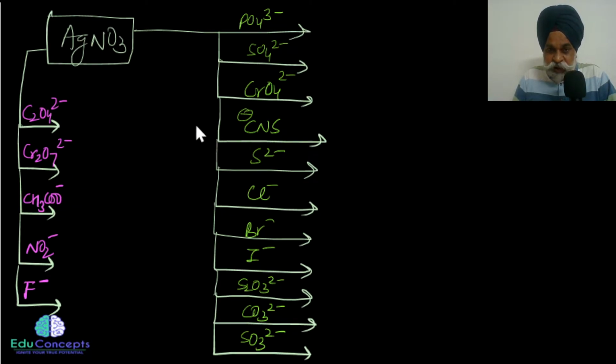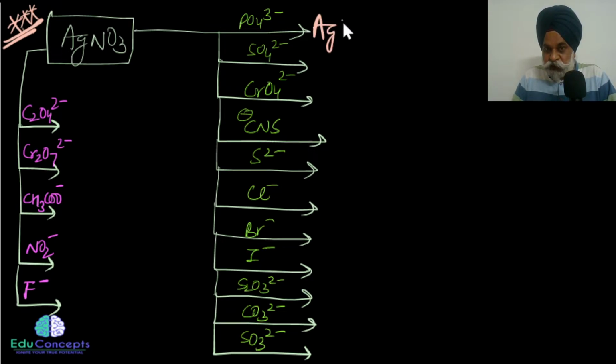Just see here, I have written almost all of the anions available in our syllabus, and all of these anions get precipitated with silver nitrate. For some you have to remember the color, so this particular slide is very important.